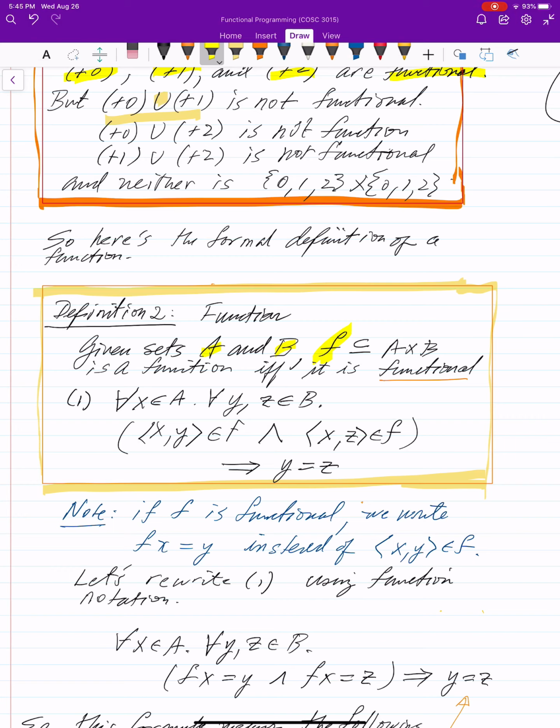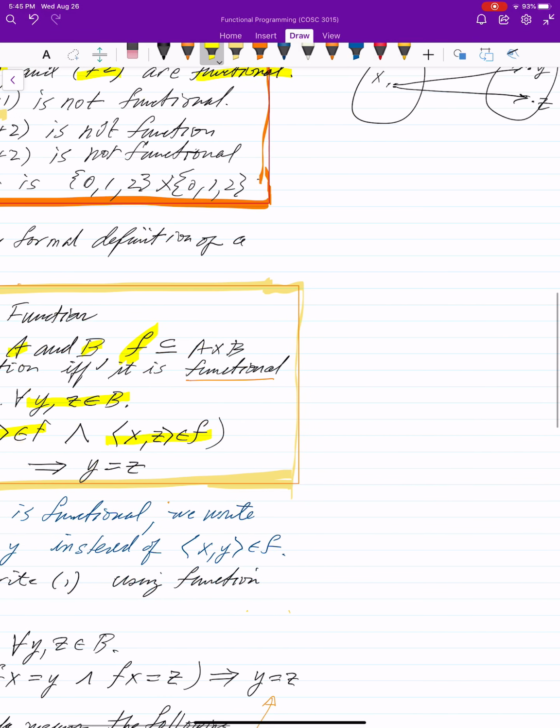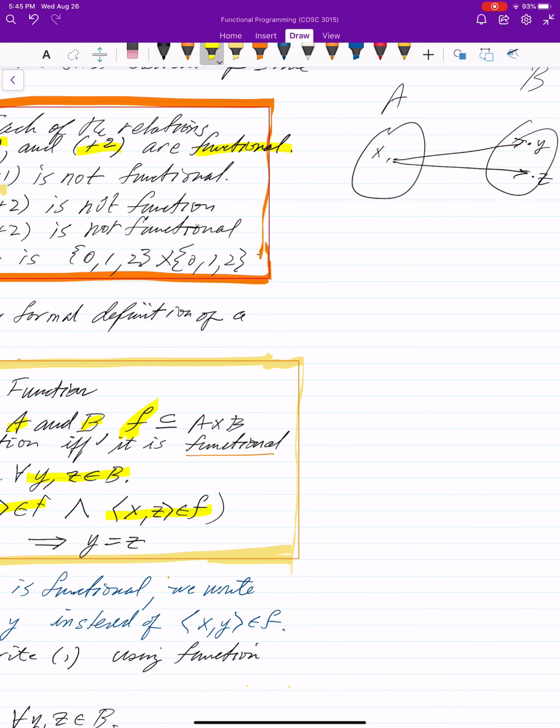It has to be that for every X in A and every Y and Z in B, if X is paired with Y in F, and X is paired with Z in F, then Y must be equal to Z. So we're saying, look, if X goes to Y and X goes to Z, then Y must be equal to Z. They must have been the same thing, if this is a function.